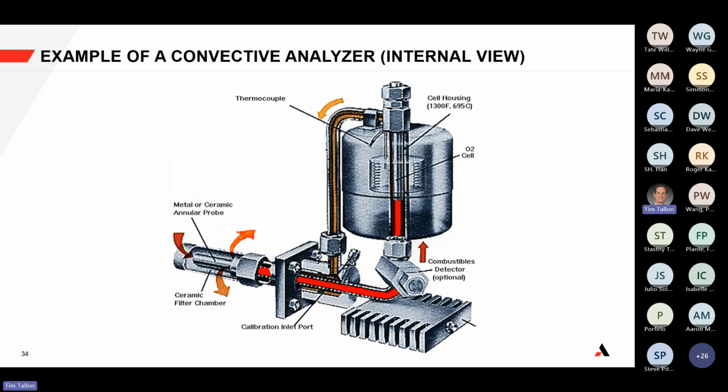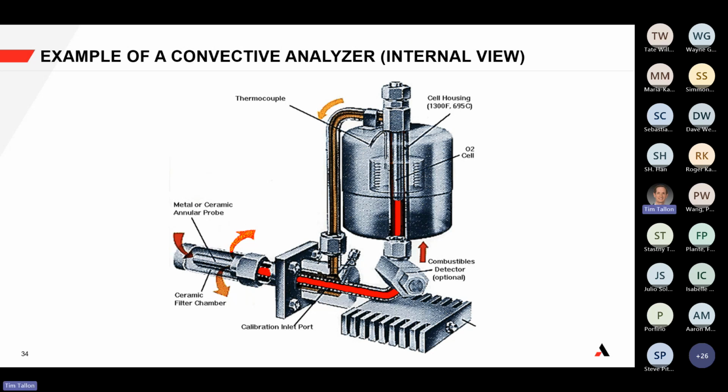And as far as any potential concerns of mixing, that's not something that we've directly seen. There are perforations on both the inner and outer probe so that it won't come into direct contact as much. But I certainly understand the concerns of potential mixing.